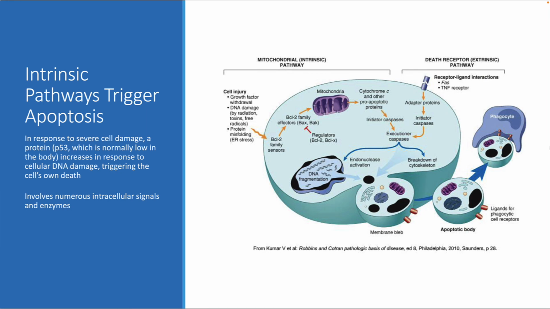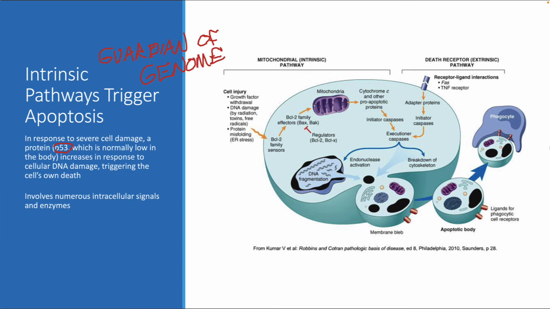There are intrinsic pathways that trigger apoptosis as well. And so there is a protein in the body that's known as the, what do they call it? P53 is called the guardian. Guardian of the genome.